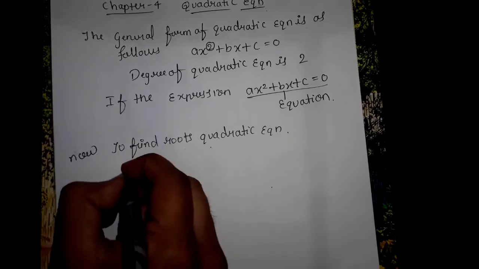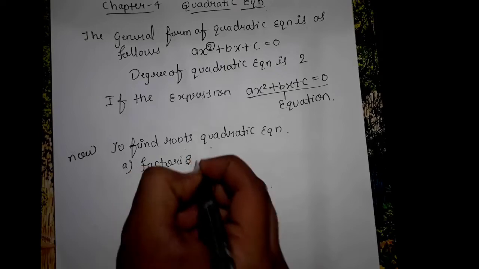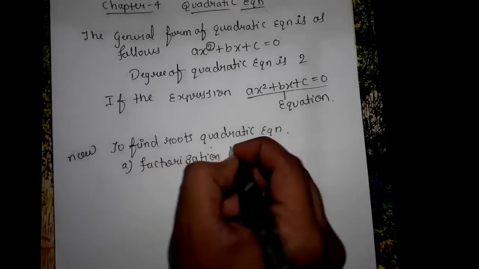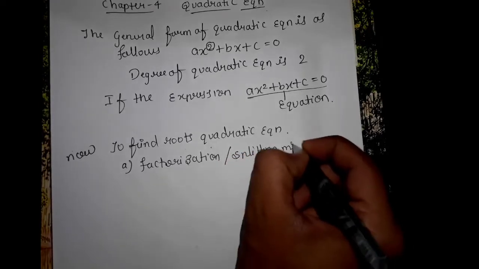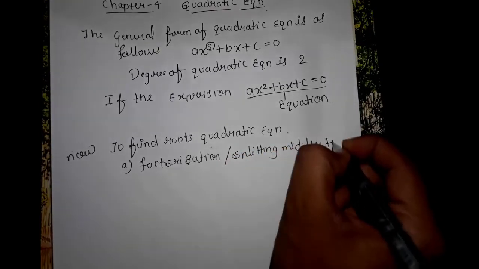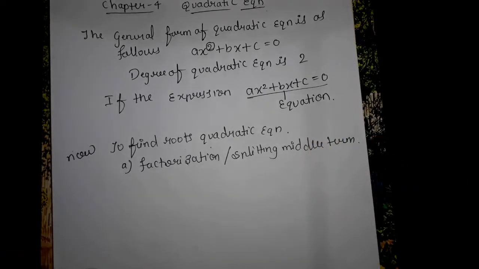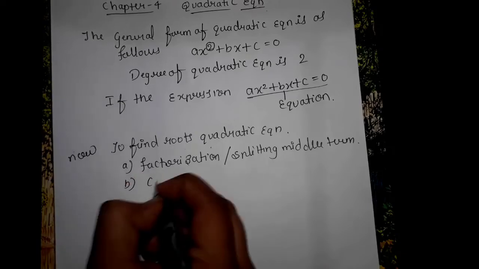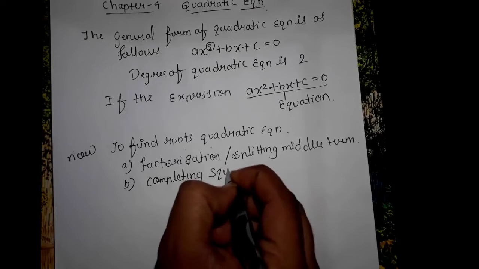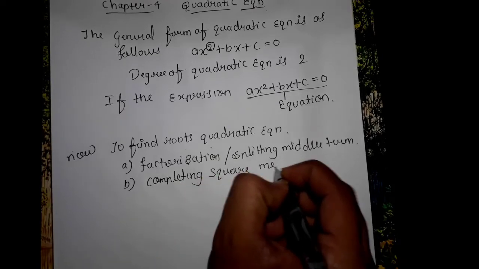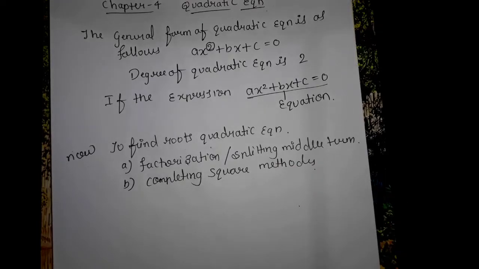Some of them are factorization, or splitting the middle term, and the next one is the completing square method, or by using the quadratic formula.